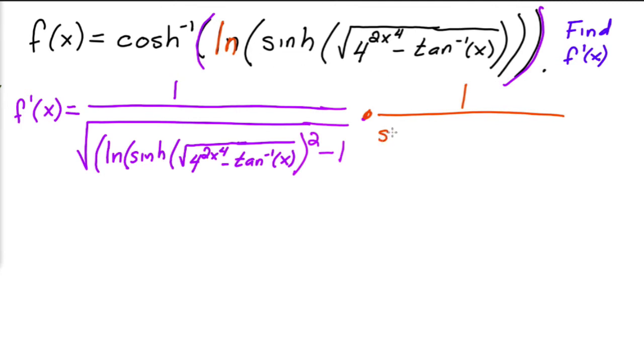So the inside is going to stay the same. Sinh of the square root, let me make this bigger, 4 to the 2x to the 4th minus inverse tangent of x, times the derivative of its inside.